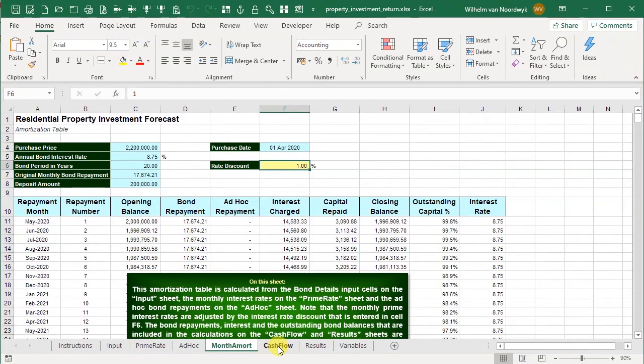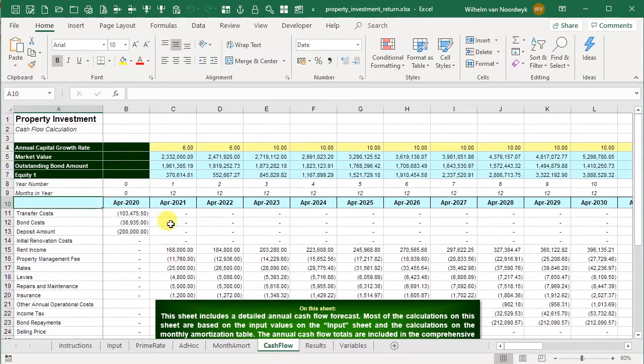Okay, so the next sheet is your cash flow sheet. The only user input required on this sheet is the annual capital growth rate, which can be entered at the top of the sheet. That's basically the growth in the market value of the property.